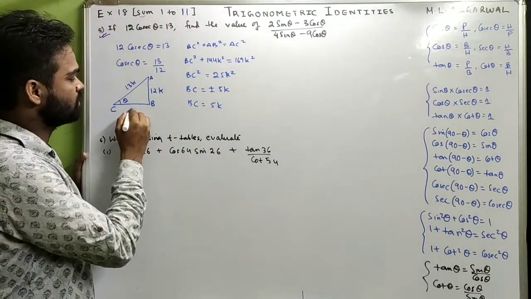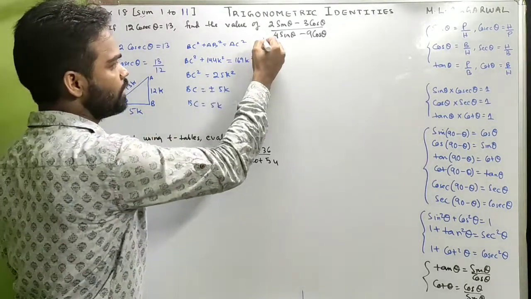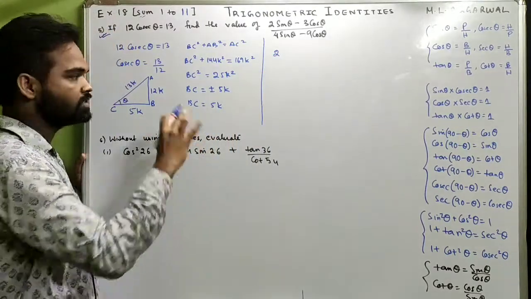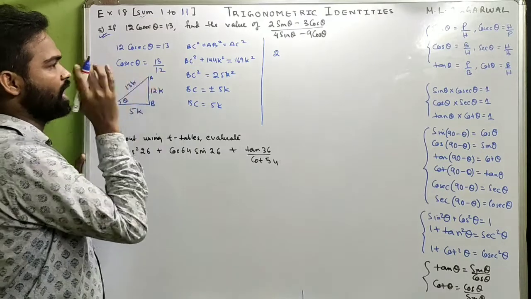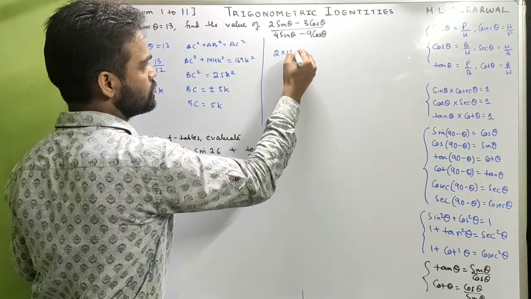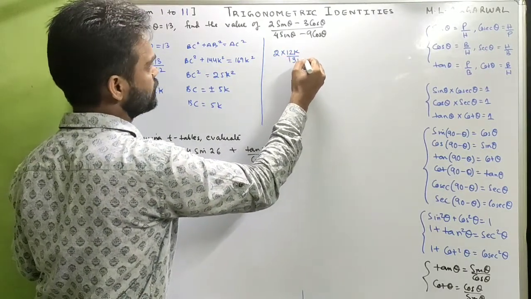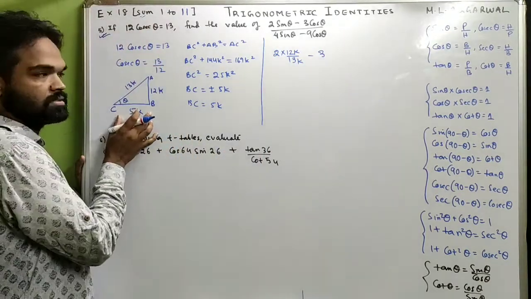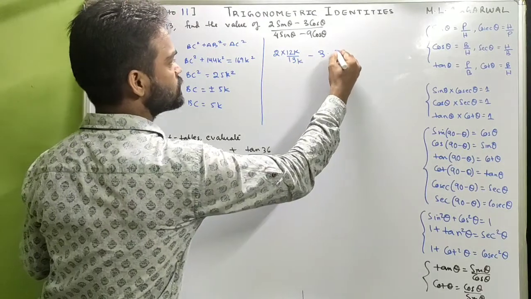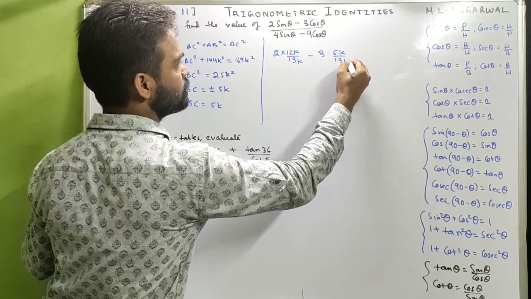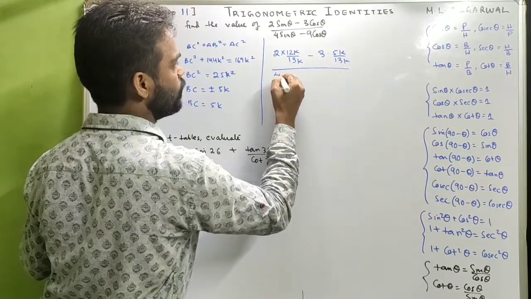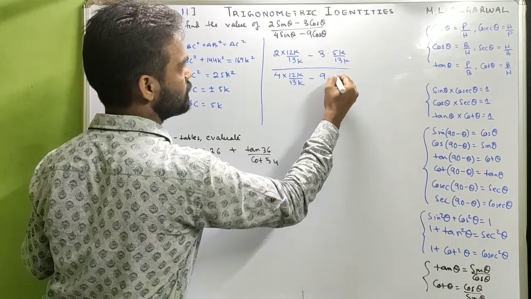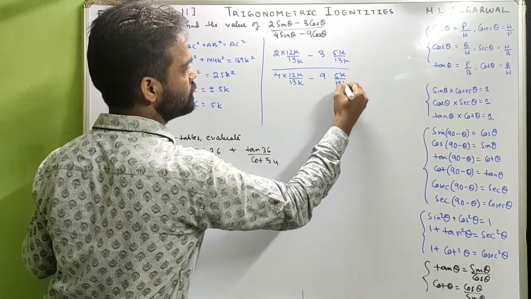So we got BC as 5k. Now look carefully how I do. 2 sin theta. Sin theta is perpendicular by hypotenuse, which means 12k by 13k, minus 3 cos theta. Cos theta is base by hypotenuse, which is 5k by 13k. Similarly, 4 into 12k by 13k minus 9 into 5k by 13k.